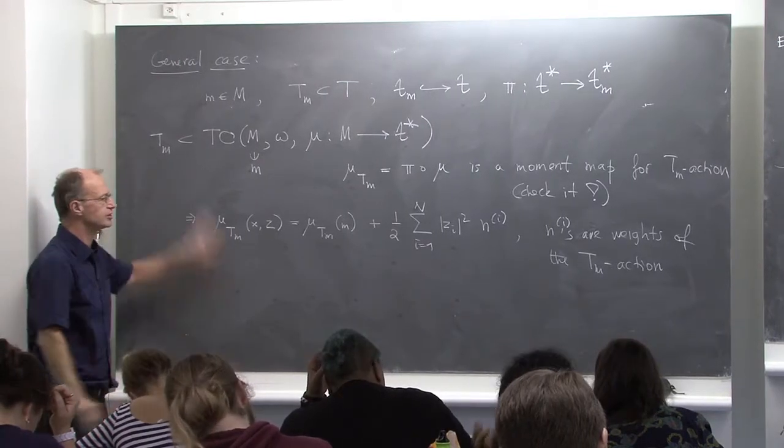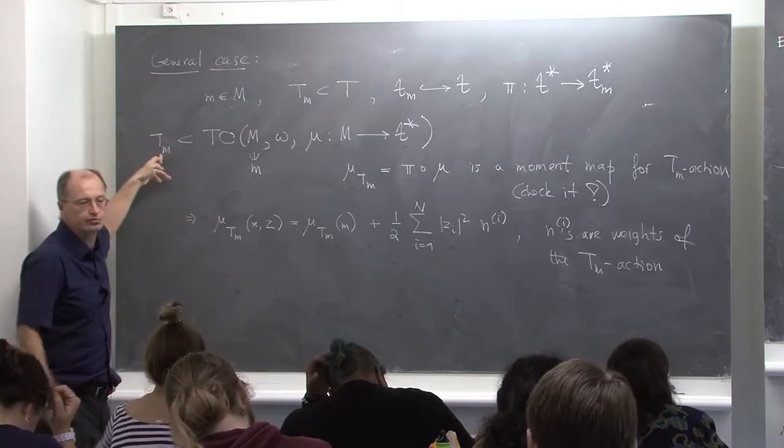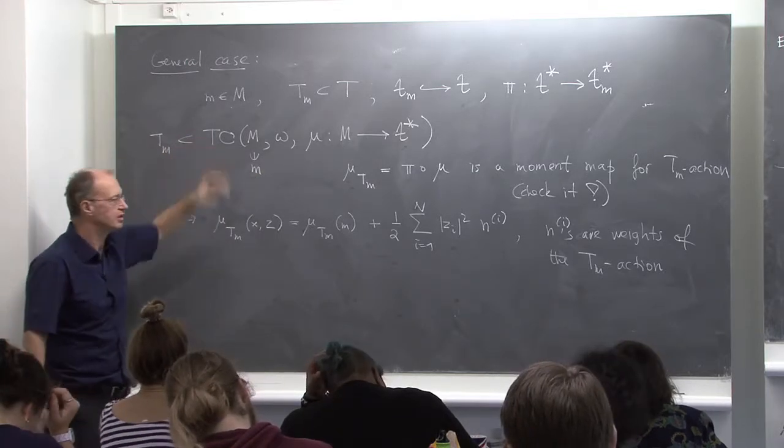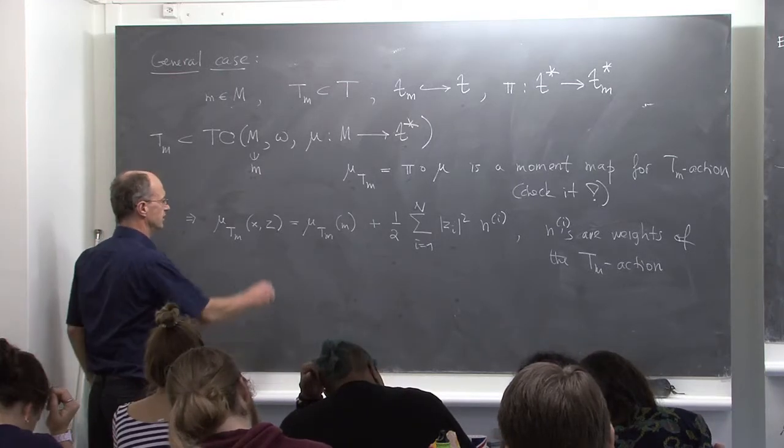Right. So the whole discussion we had before is valid because M is a fixed point for Tm. So now we can just reuse the arguments that we had before.